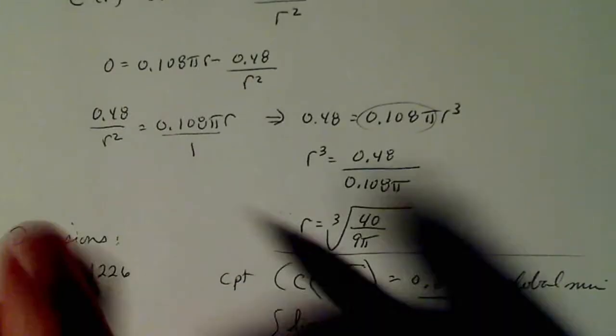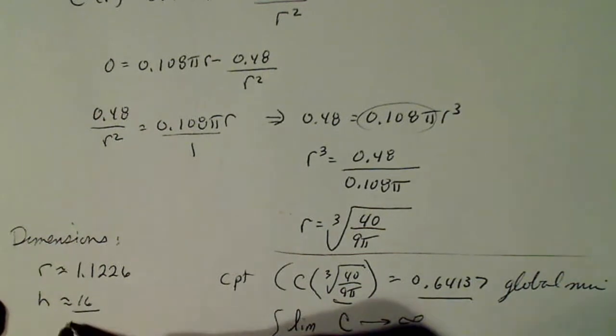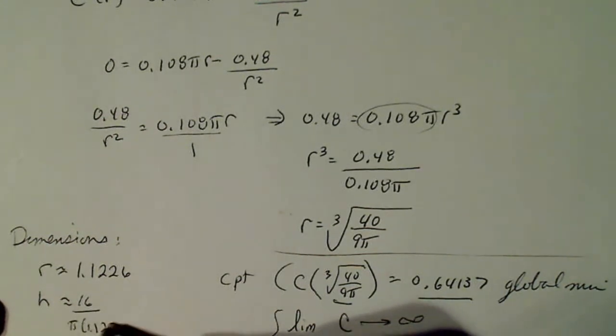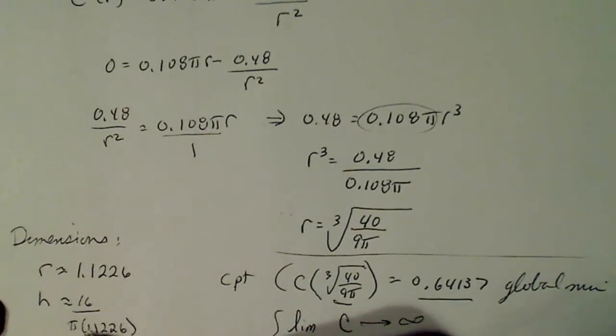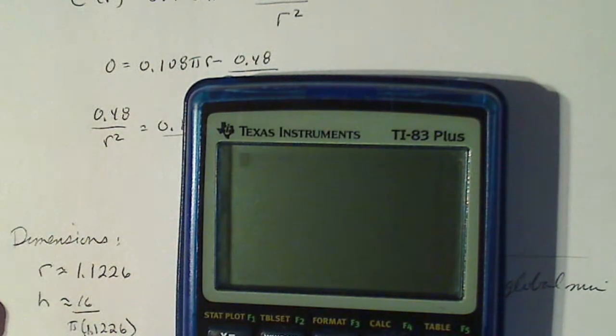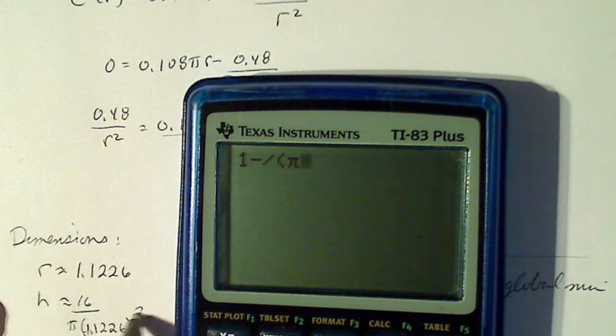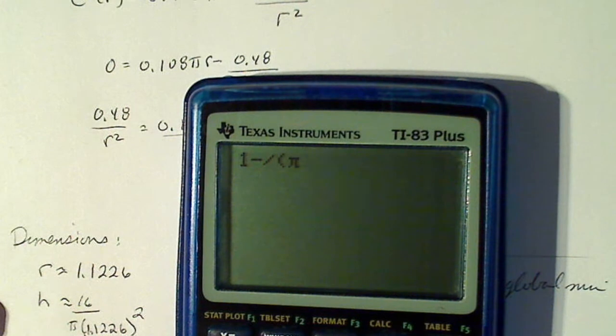So I'm going to come back down and put 16 divided by pi times 1.1226 and calculate that number. Oh, this should be squared too, by the way. Pi times 1.1226 squared.